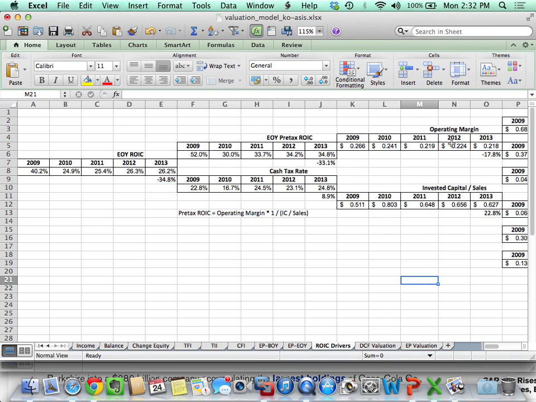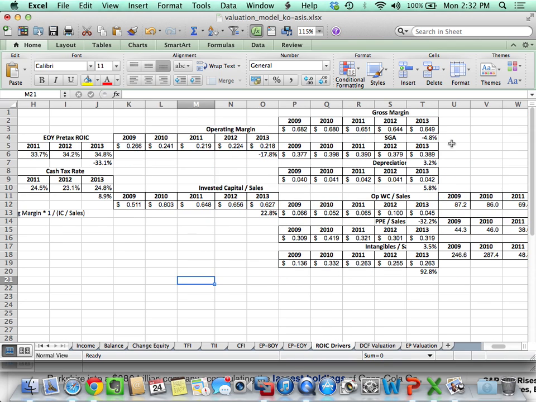What on the income statement explained why the operating margin changed? What on the balance sheet explained the change of productivity? Right? So, income statement. Gross margin minus SG&A minus depreciation and amortization equals operating margin.